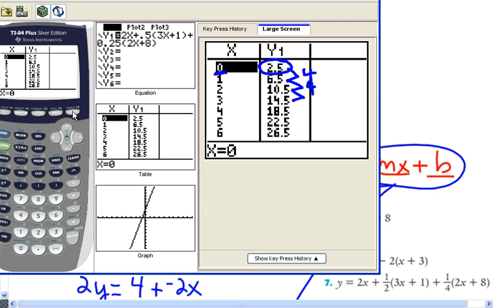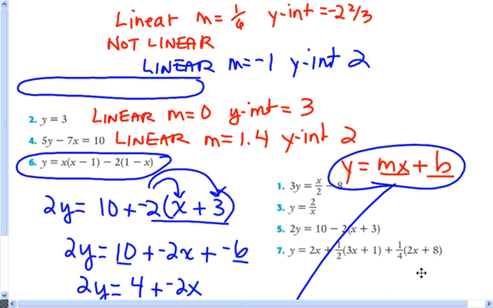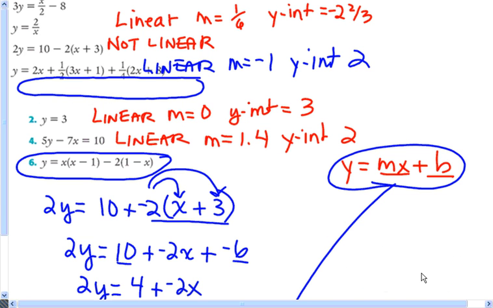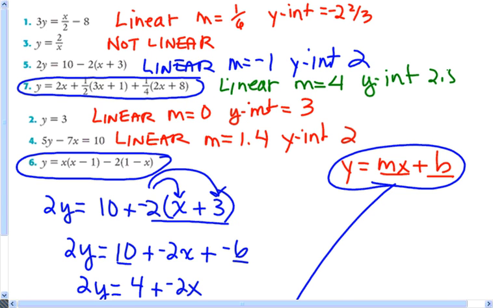So, yeah, it is linear. It's going up by 4. And it's going up by 4. So this one is linear. The slope is 4. The y-intercept is 2.5.